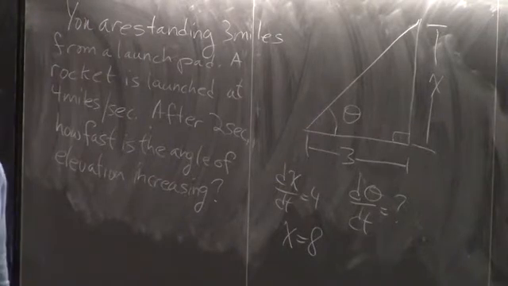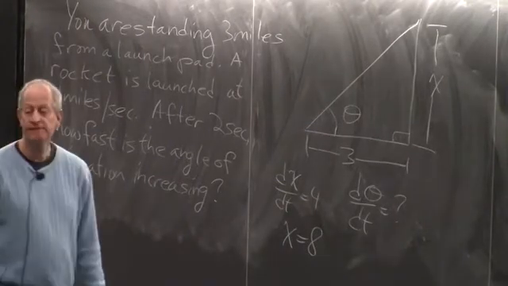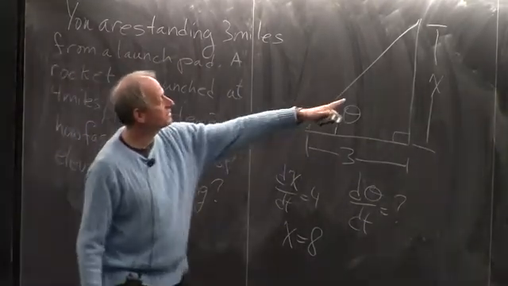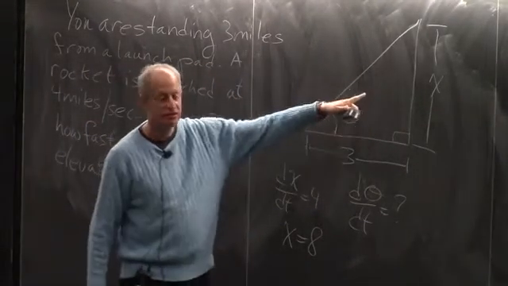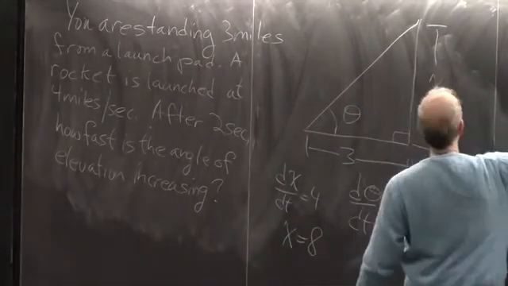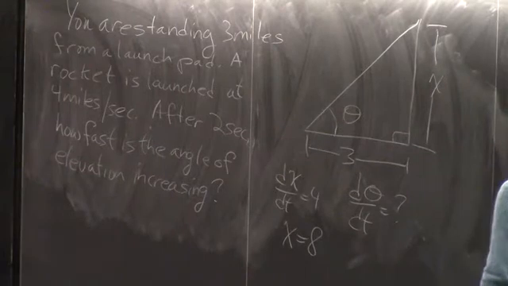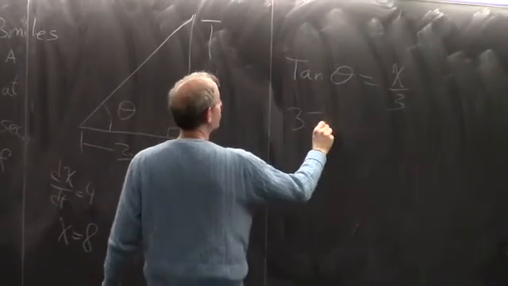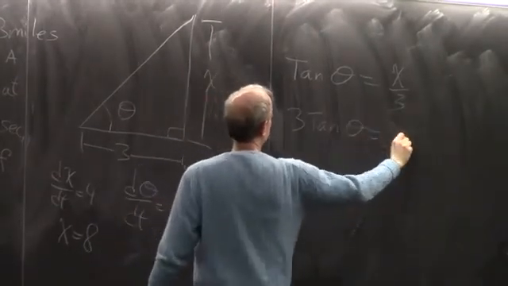Yes, we do. Not sine. Tangent. SOHCAHTOA, right? So opposite over adjacent. So the tan of theta will always equal x over 3. Or if you don't like fractions, which a lot of you don't, 3 tan theta equals x.